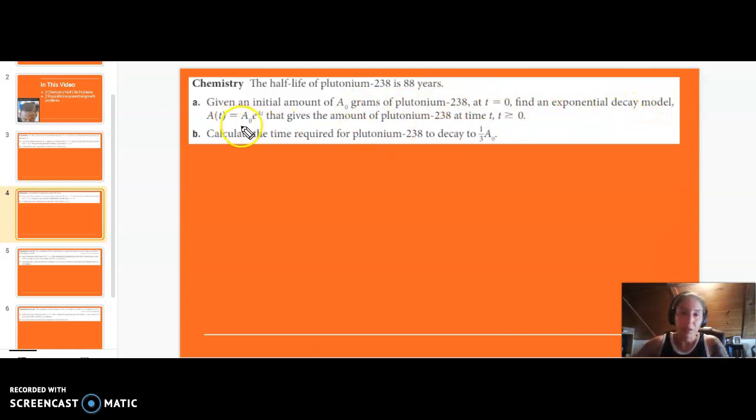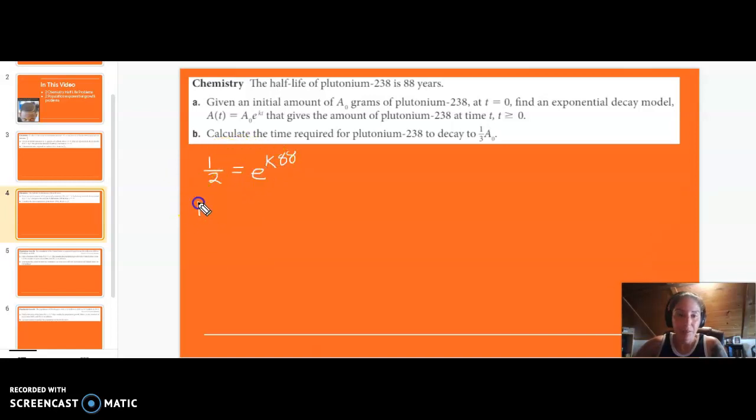From this top sentence we know we are going to have half the amount of plutonium. So this is e to the k, where t now is 88. Notice I have totally omitted the A naughts because they were going to cancel out anyway.